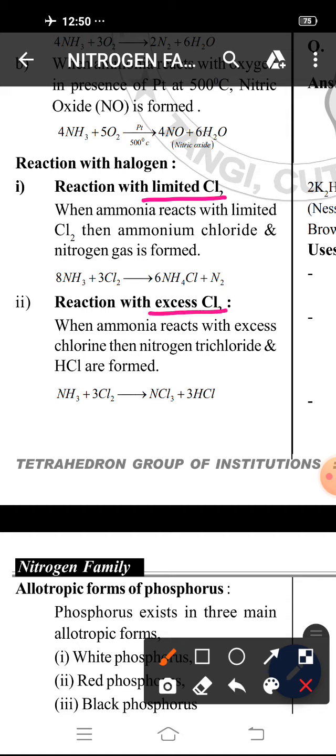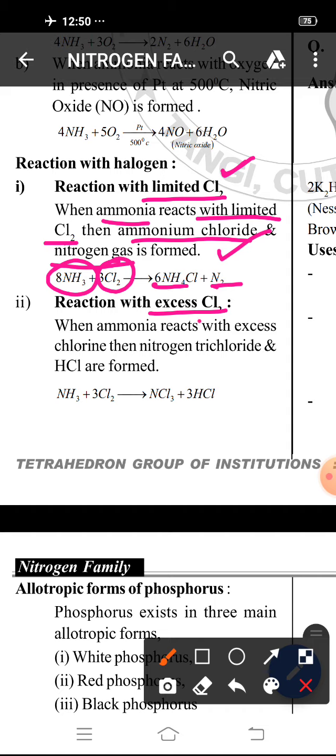When ammonia reacts with chlorine, if limited chlorine is taken, then ammonium chloride and nitrogen gas are formed. Limited chlorine means excess ammonia is taken, so nitrogenous products are formed. That is, 8NH3 reacts with 3 molecules of chlorine to form ammonium chloride and nitrogen.